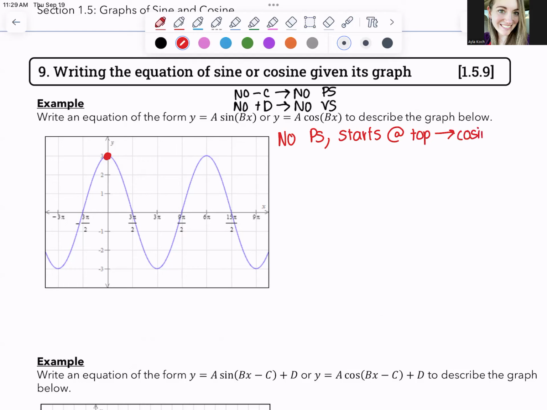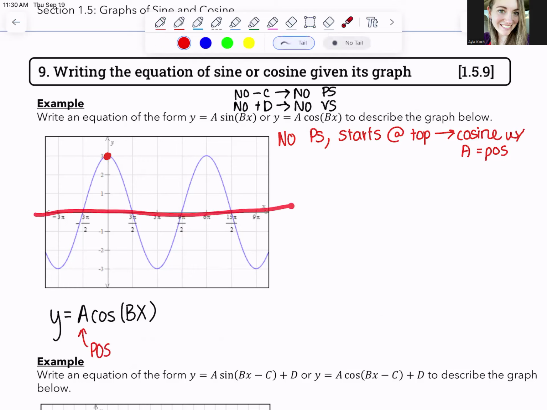So this means it's cosine with positive a, because we're starting at the top. So we know that our function is going to be something of the sort y equals a cosine of bx, and that this number right here needs to be positive.